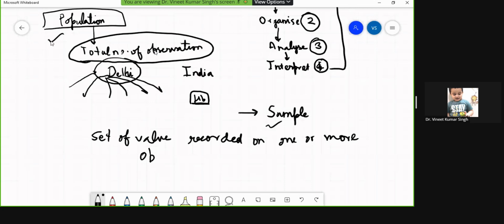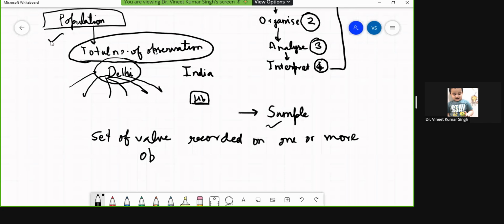If we have to study something, we generally collect data which varies from individual to individual. So either it can vary in quantity or quality. इसलिए that data which we collect is known as variable. Suppose weight of any person. It varies from person to person, so it is a variable. All right.